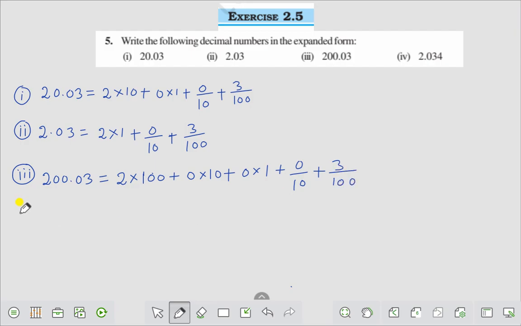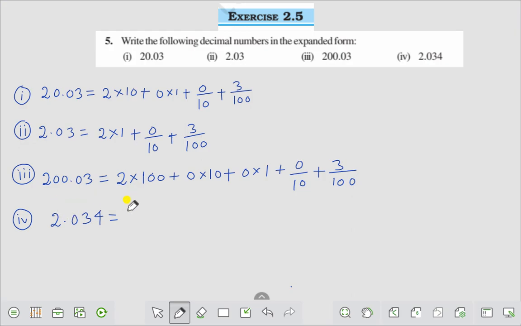Right? Now question number 4 is 2.034. Here you see this is ones place, this is tenth place, this is hundredth place, and this is thousandth place. Right?